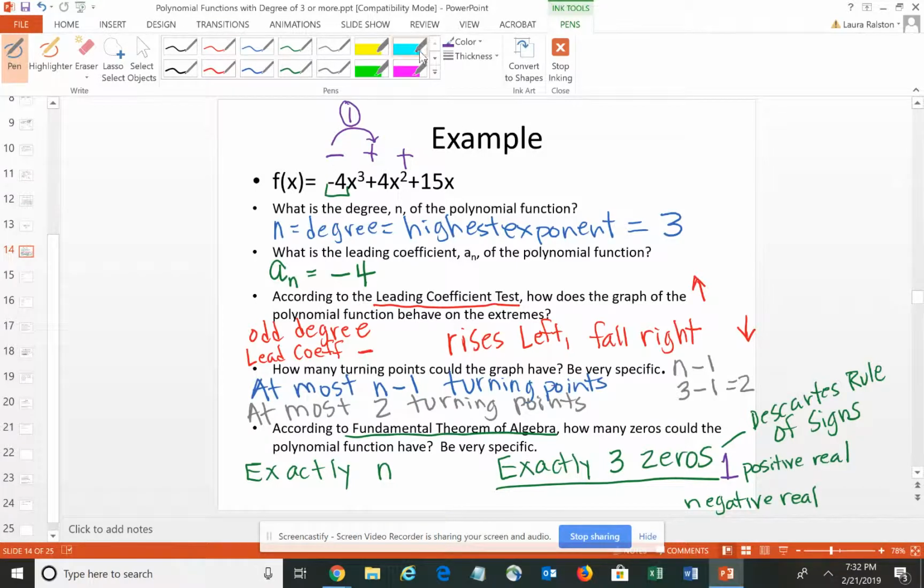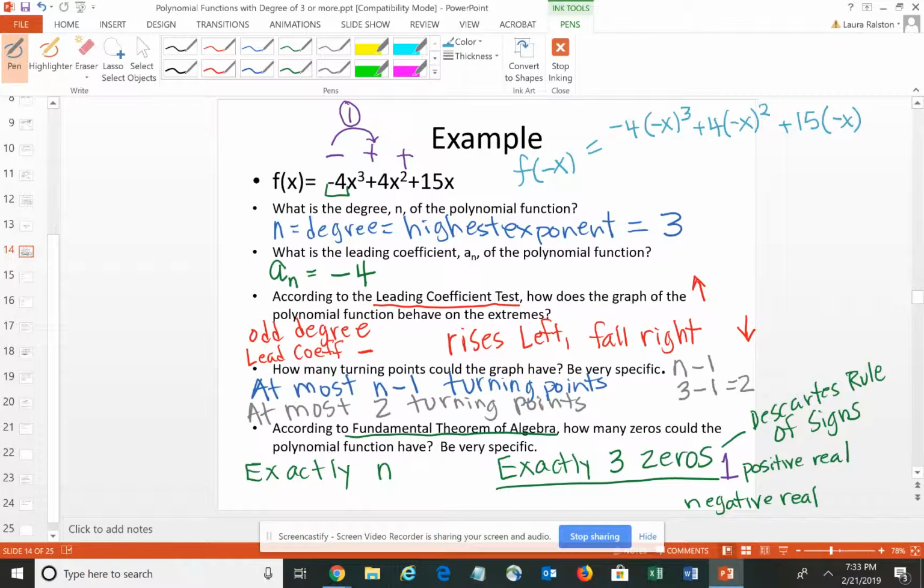To decide about the negative real zeros, I have to substitute negative x in place of x. So I'm going to do that right here to the side. I would have negative 4 times negative x to the third plus 4 times negative x squared plus 15 times negative x.